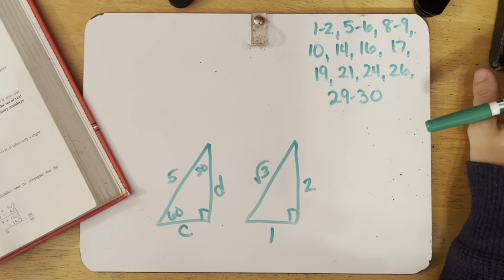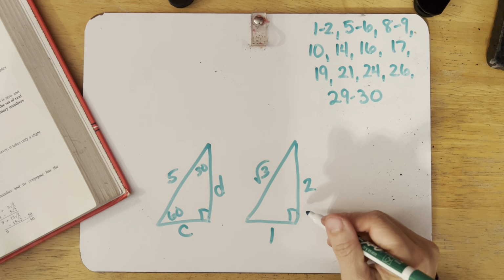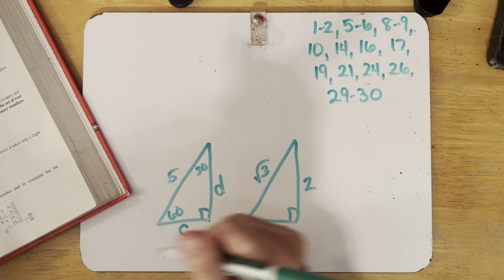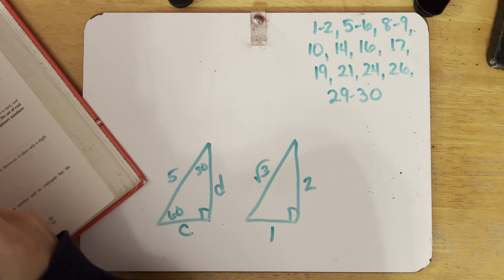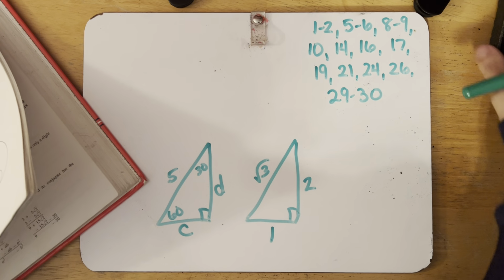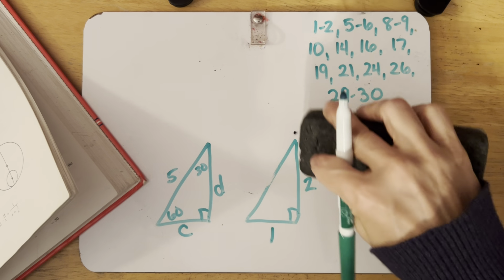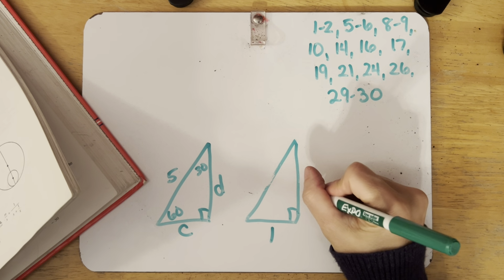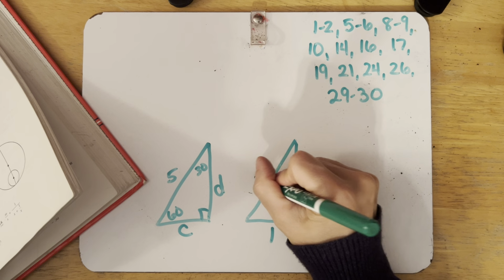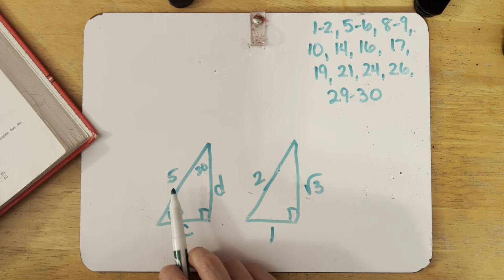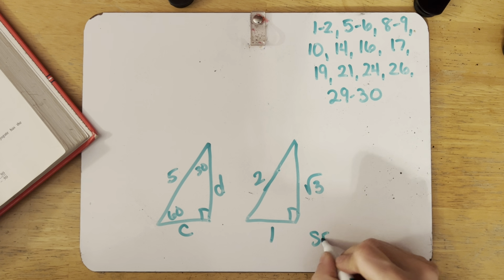No. Hang on. Sometimes I have to look back to make sure I'm putting my things in the right spots. Sorry. Okay, I have to remember the 2 is across from the 1, square root of 3, 2. They mix up where those should go. Okay, so my scale factor is 5/2.